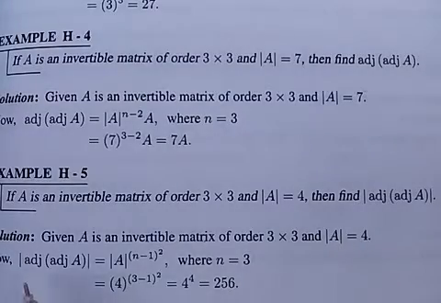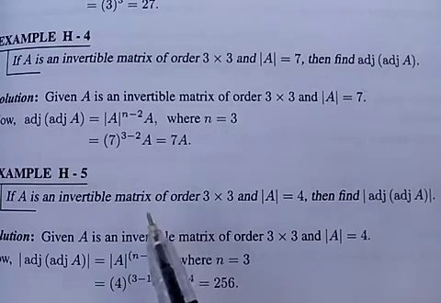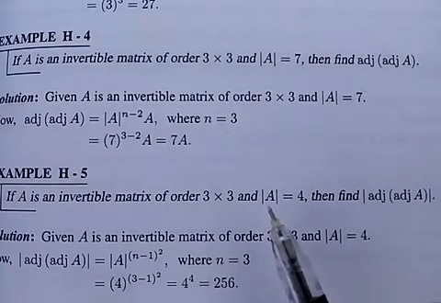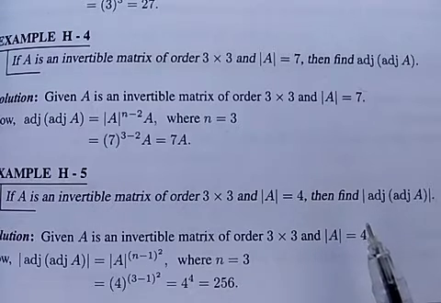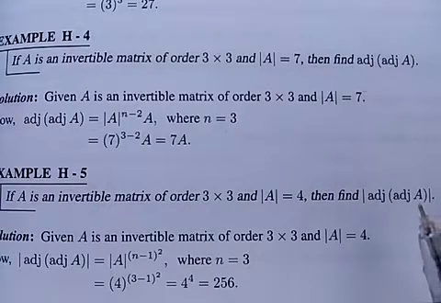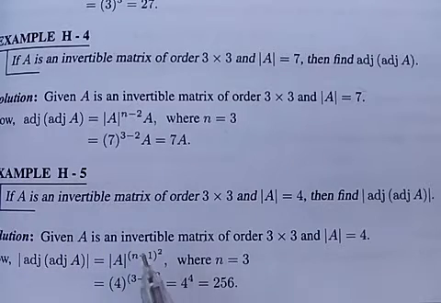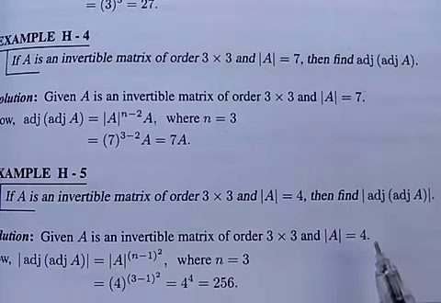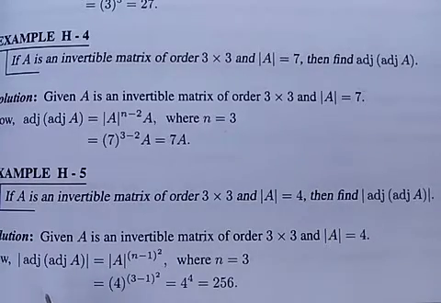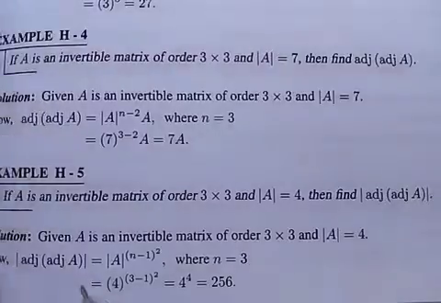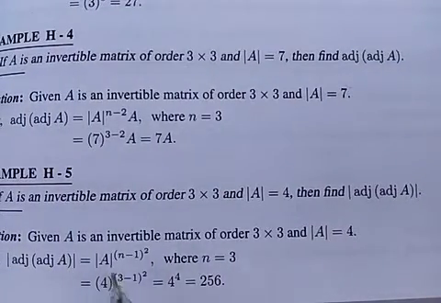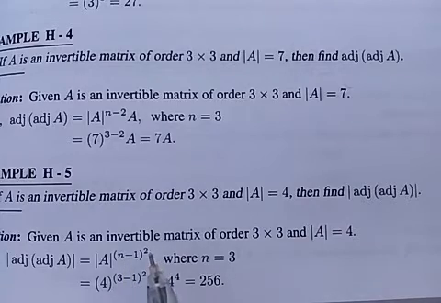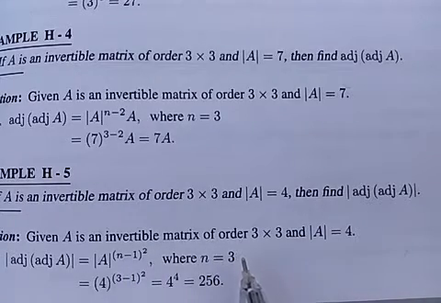Next property: if A is an invertible matrix of order 3 by 3 and determinant of A equal to 4, then find determinant of adjoint of A. Given A is an invertible matrix of order 3 by 3 and determinant of A equal to 4, we can apply here property of adjoint. Determinant of adjoint of A equal to determinant of A power n minus 1 whole square, where n equal to 3.